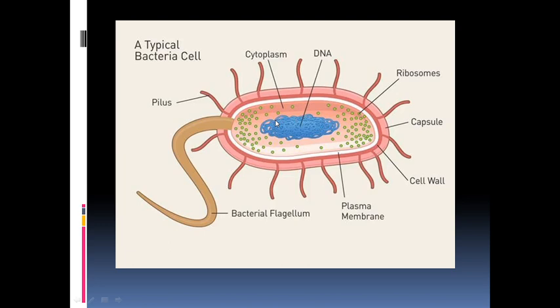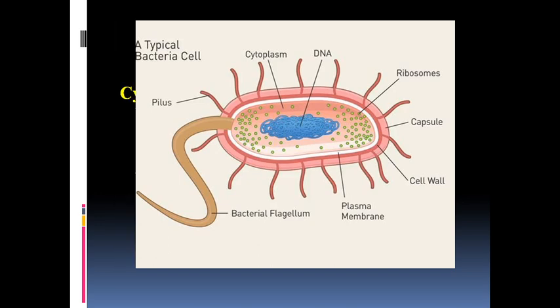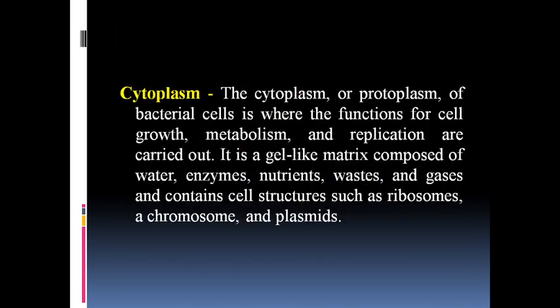Cytoplasm is there, DNA is there, ribosomes are there, and plasma membrane, everything will be there. And outside, these are the pili and flagella. This is the structure of the bacteria. Usually in the question paper, they will ask to write the structure of a bacteria. Next, we will see in detail.